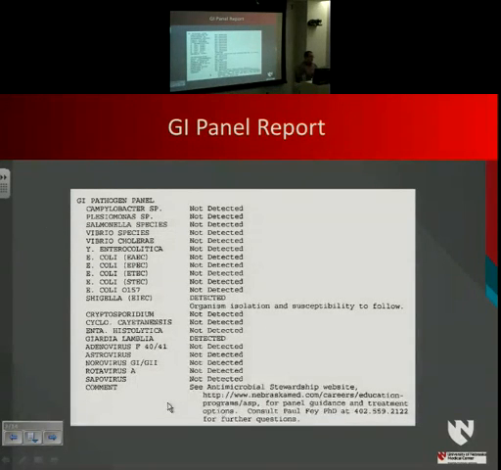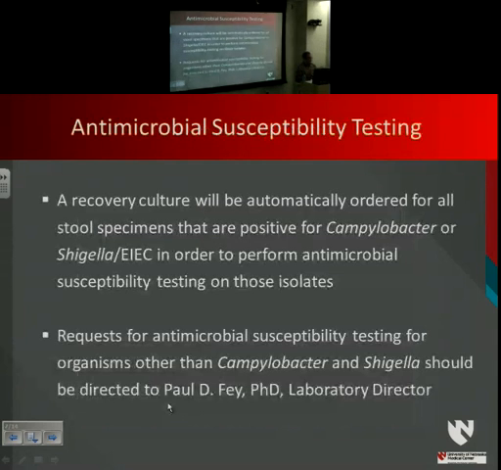GI panel results will be communicated in an easy-to-read report that will list all targets as well as not detected or detected for each target. Additional testing will be performed on all stool specimens positive for Campylobacter and or Shigella EIEC. A recovery culture will be reflexively ordered for these specimens to allow pathogen recovery and antimicrobial susceptibility testing.